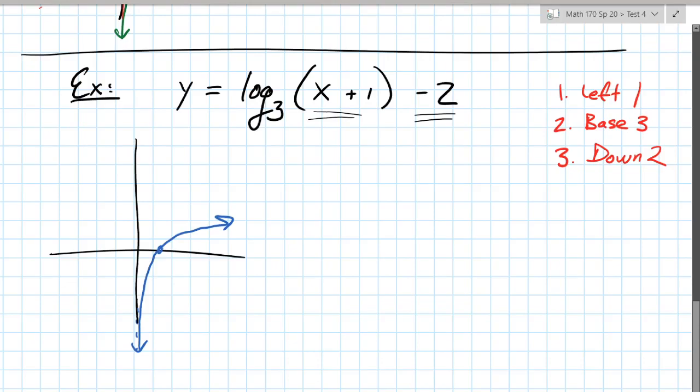Left 1, down 2 puts a point right here. That was our intercept. If we move our vertical asymptote left 1 and down 2, now it's right here, and it kind of goes like that.